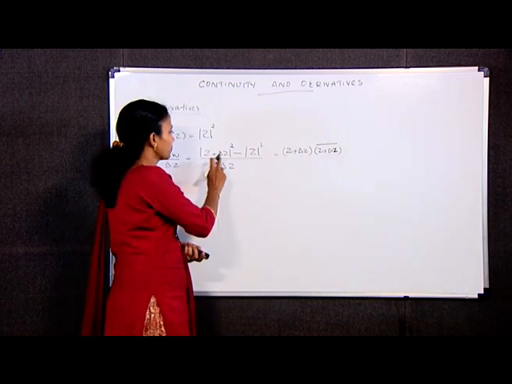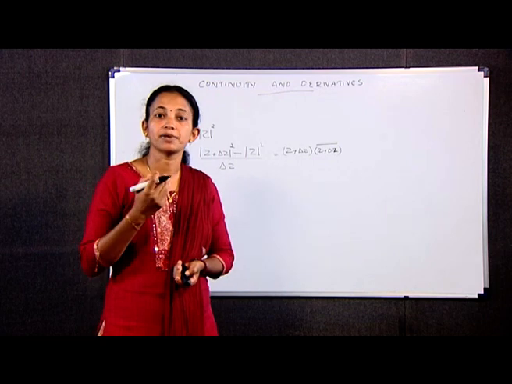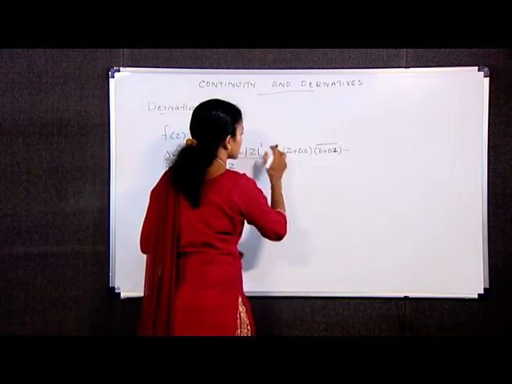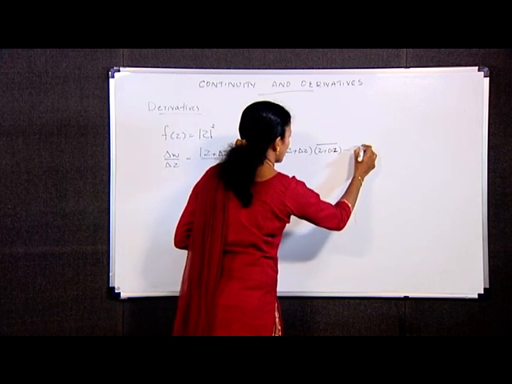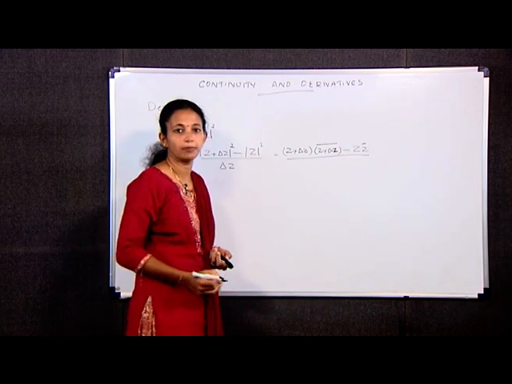Here we have z plus delta z whole square, which we can write as z plus delta z into z plus delta z conjugate, minus of course mod z square, which we can write as z into z conjugate, divided by delta z.